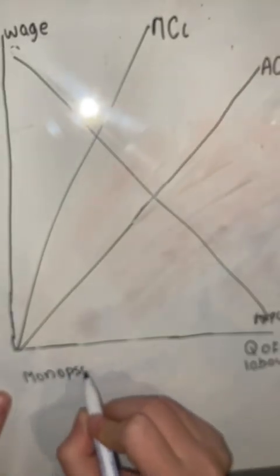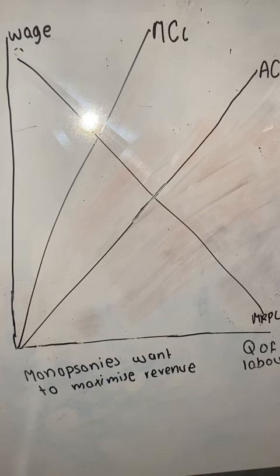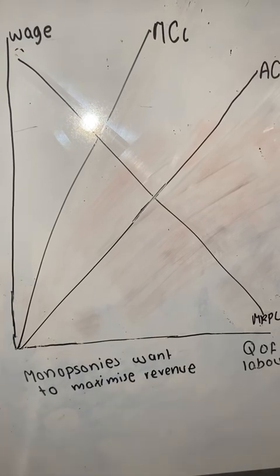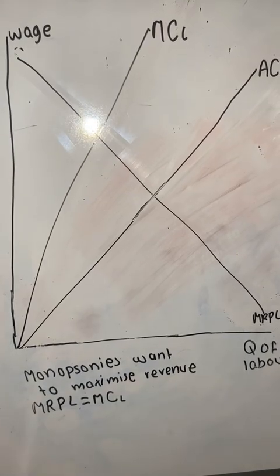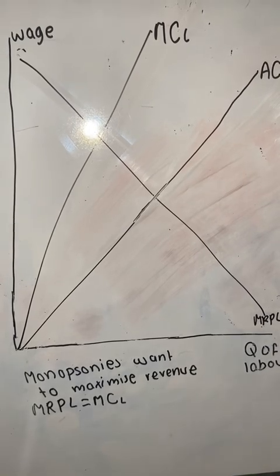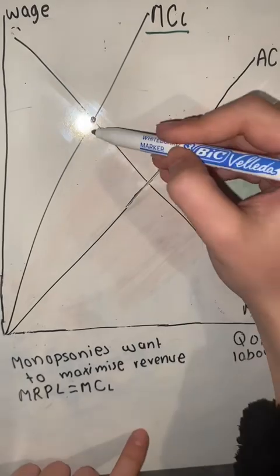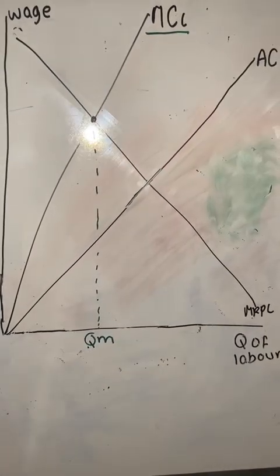Now, monopsonies want to maximize their profits. So firms maximize their profits where the MRPL meets the marginal cost of labour. This is essentially where the extra revenue a firm generates from employing you meets the extra cost of employing you. So in a monopsony, firms want the wages as low as they possibly can be.